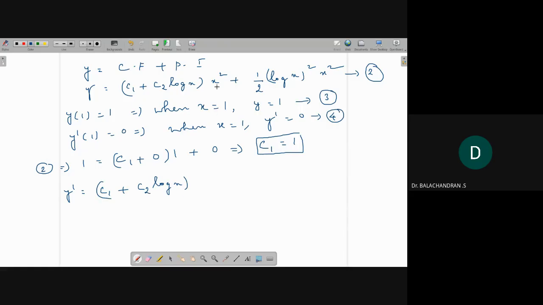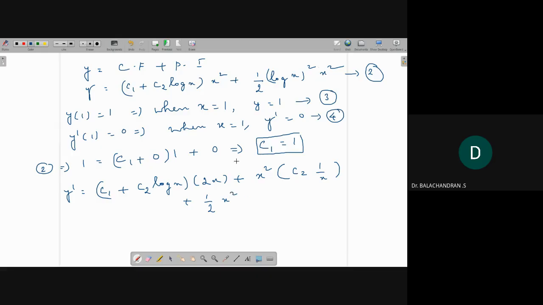If you differentiate x square, you'll get 2x plus, I should keep x square as it is. If you differentiate c1, 0; c2 into log x, 1 by x, plus 1 by 2 into, so just keep x square as it is.